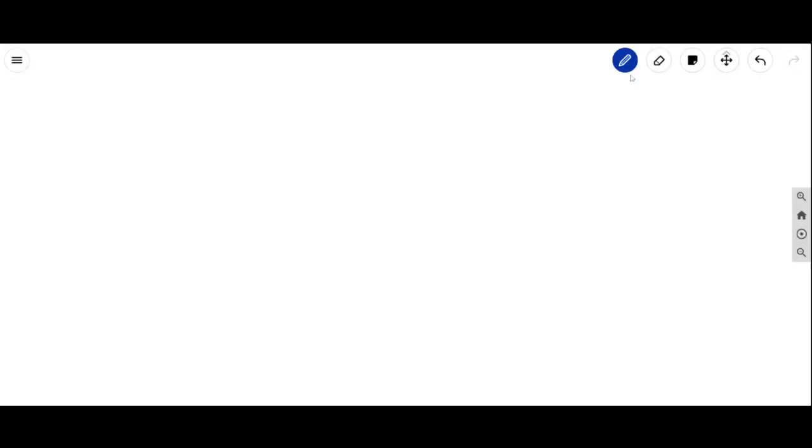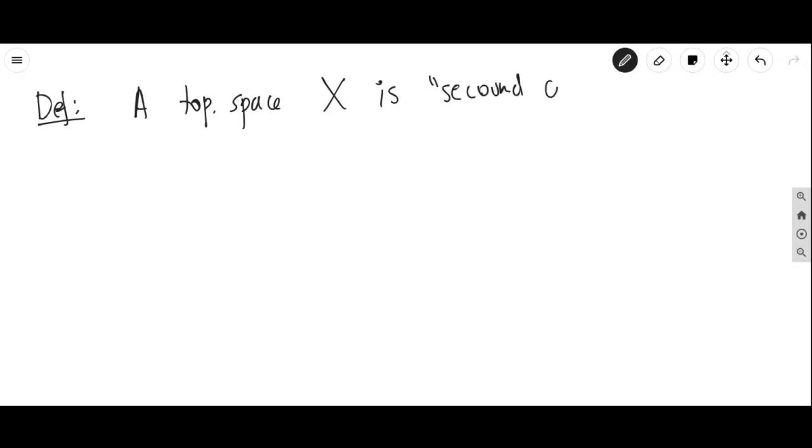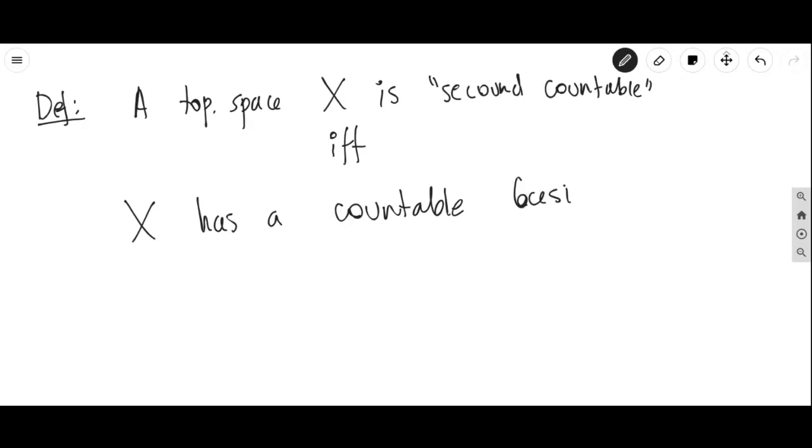So let me just finish with this. Definition: X is a topological space. A topological space X is second countable, which is the complicated, fancy terminology, if and only if X has a countable basis.